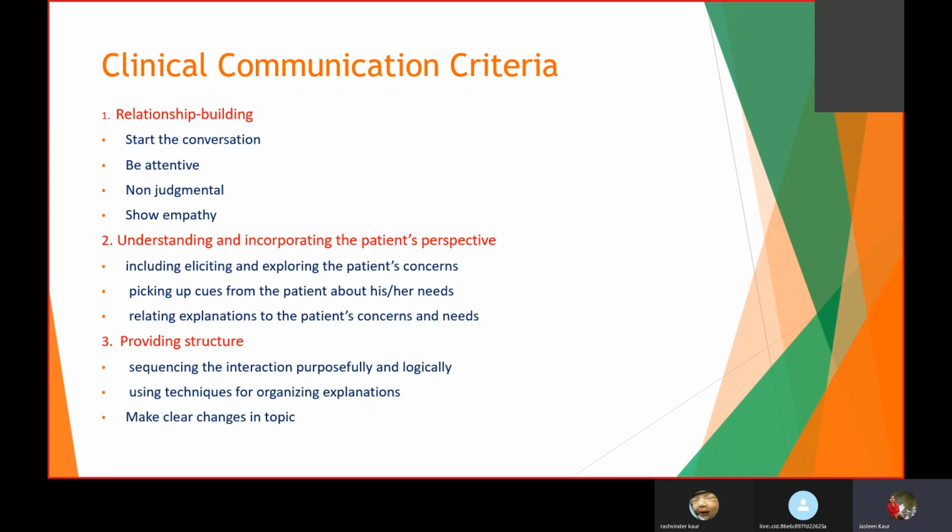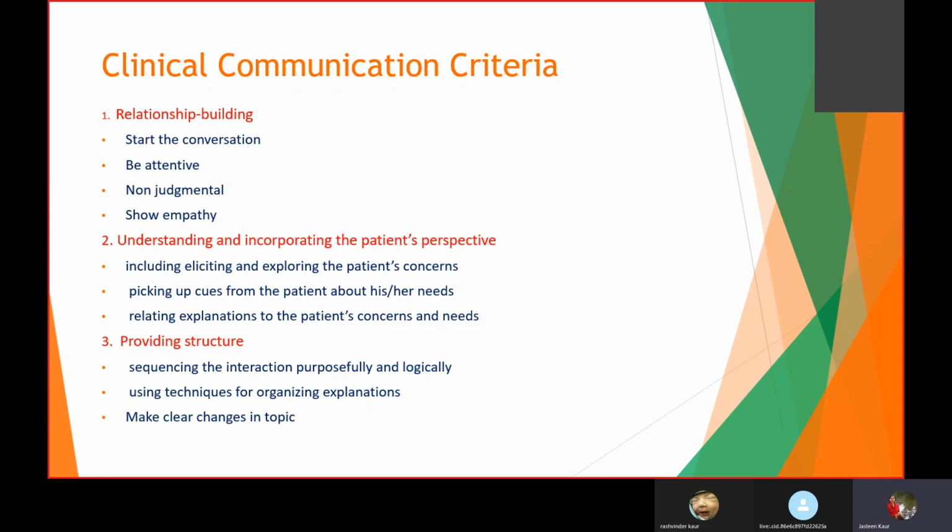Now, second is understanding and incorporating the patient's perspective. How do you understand the patient? Are you listening to the patient? Are you able to take out the concerns of the patient? If the patient says, "Oh, I'm feeling so, my night was quite terrible. I wasn't able to sleep."